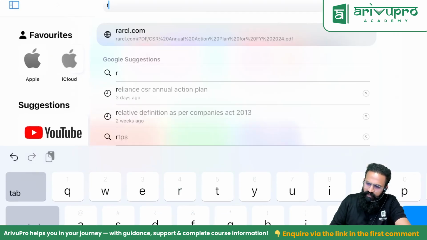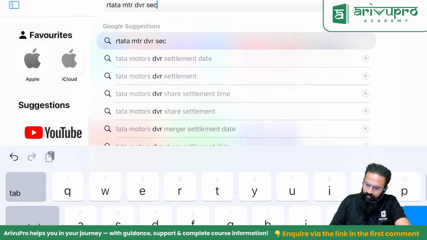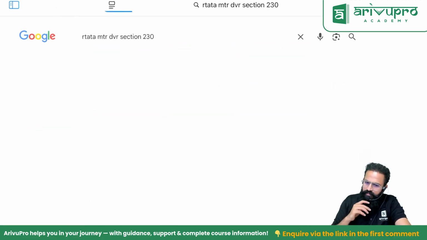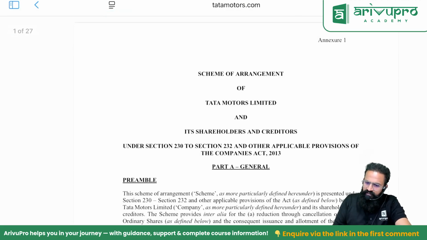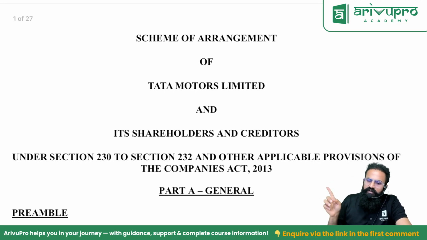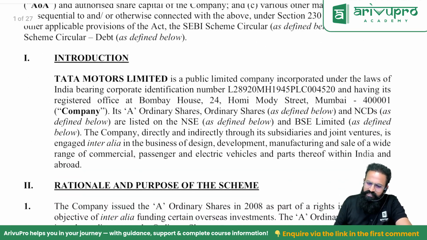Now, for example, if you see this, read it. The scheme of arrangement.